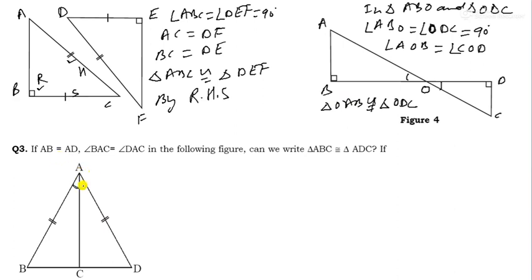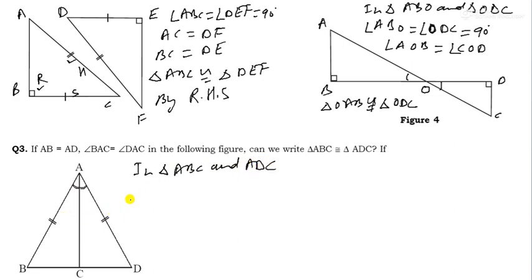Now come to this one. AB is equal to AD, it is given. So you can write here in triangle ABC and triangle ADC.